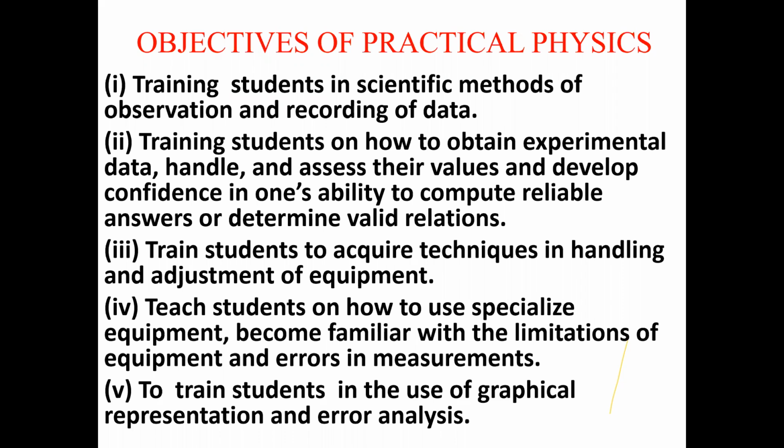But in physics practical, you'll be taught how to handle these experimental tools. The next one teaches students how to use specialized equipment and become familiar with limitations of equipment and errors in measurement. That is another objective of physics practical.